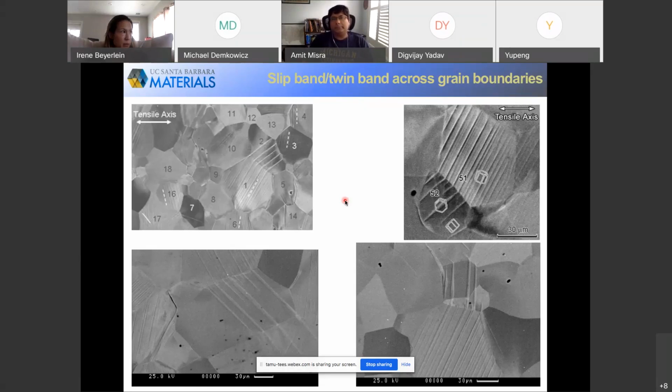So the stress concentrations ahead of those twins are much higher, and that may be one reason why they see cracks instead of plastic zones or plasticity. But that could explain why there's a difference there. Thanks.